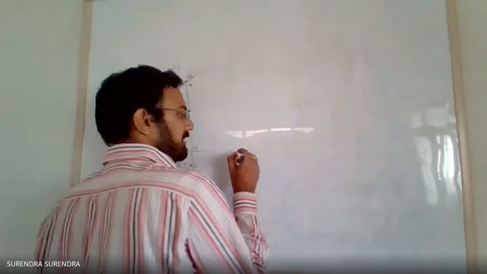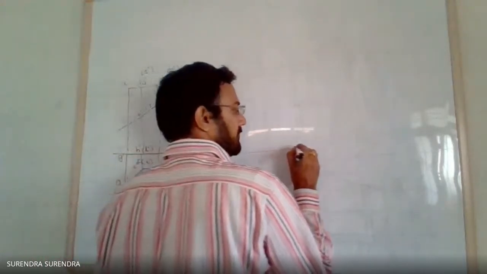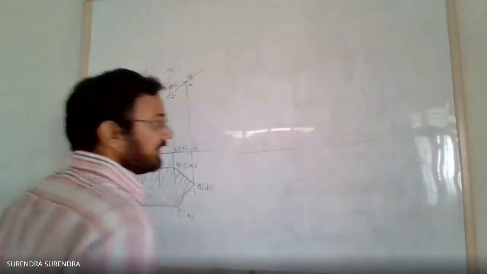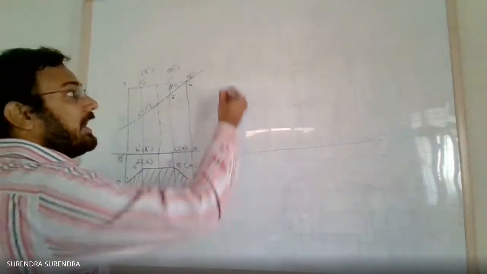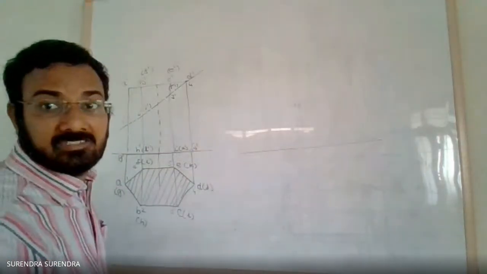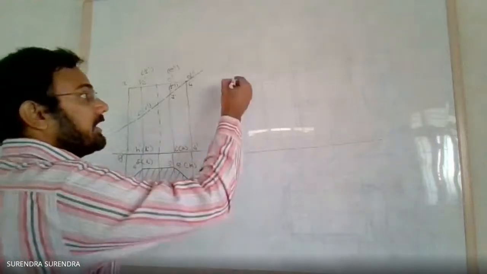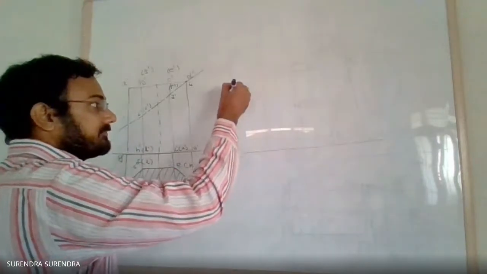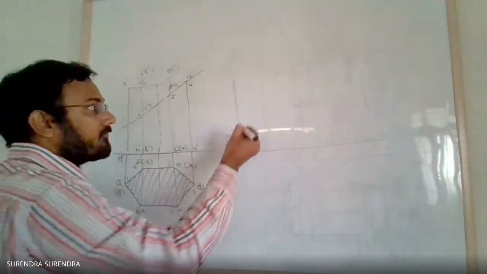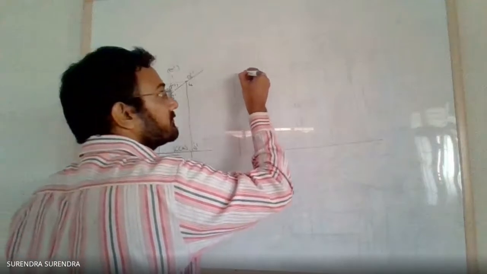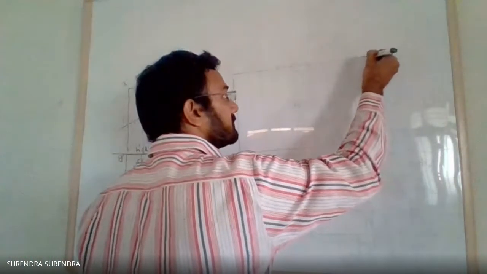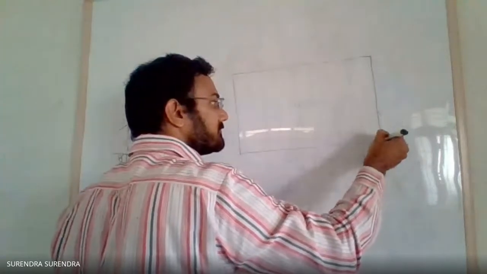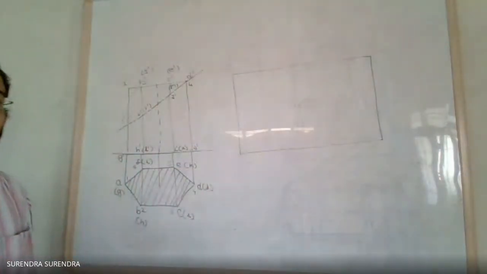Draw a straight line equal to 120 mm, and height equal to the axis height. The axis height is 50 mm.